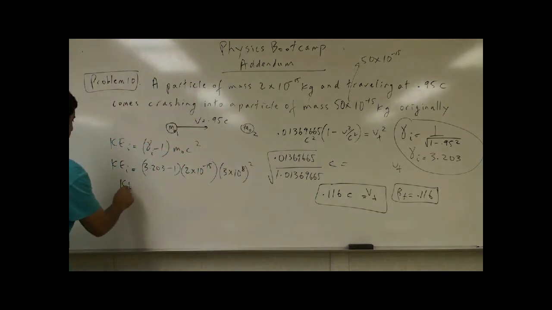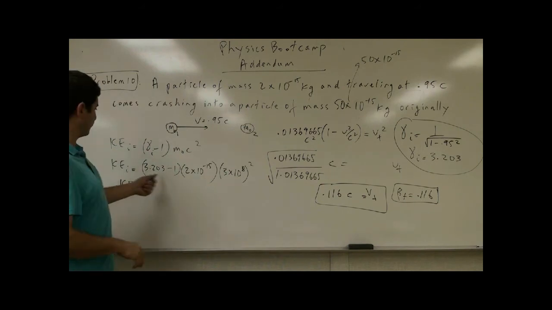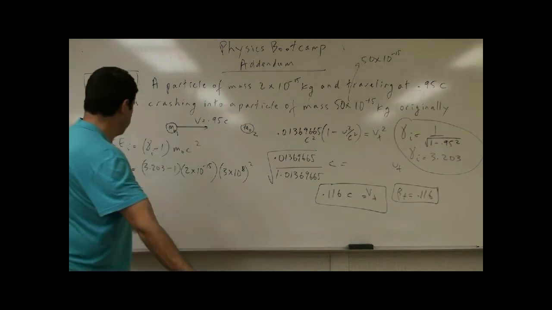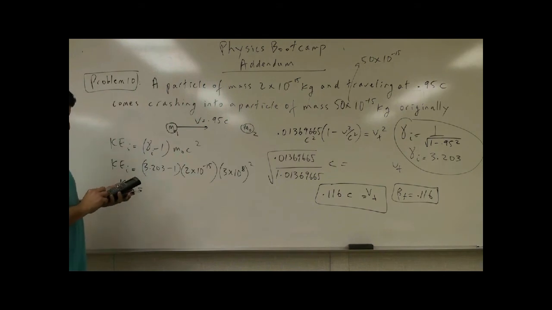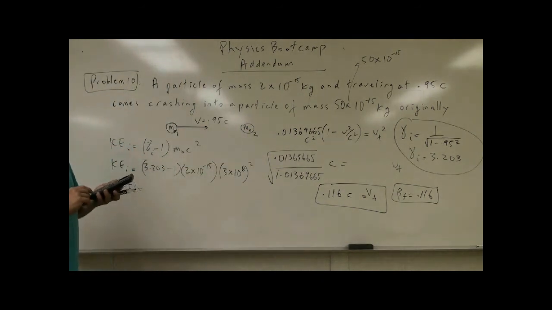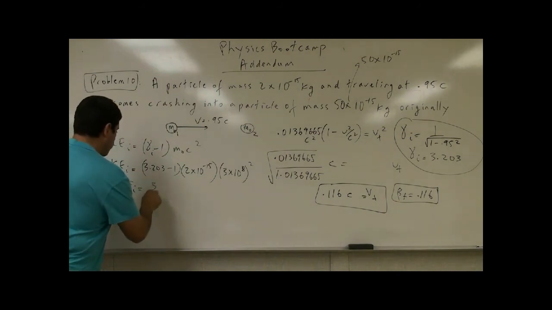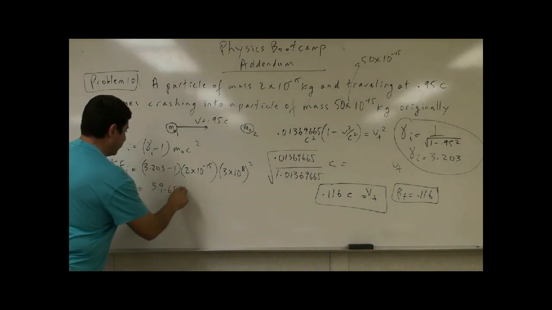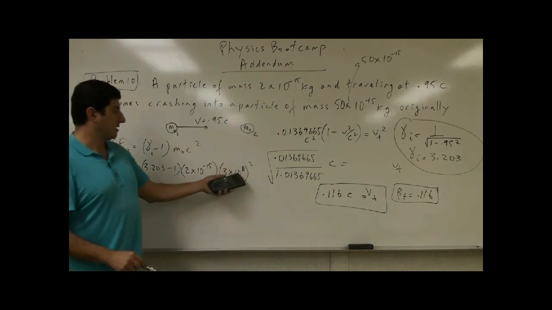Okay, and what am I going to get here? Well, I'm going to get 2.203, because you're subtracting 1. 2.203 times 2 times 3 squared is 9. So you get 39.654, and then what's the powers of the 10?